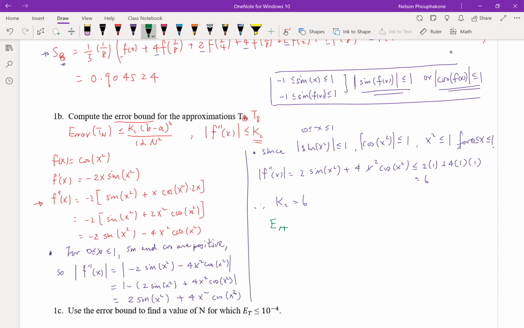So I have the error of T sub 8 is less than or equal to 6 times b minus a, where b is 1 and a is 0, to the power 3, over 12 times n squared, where n is 8.